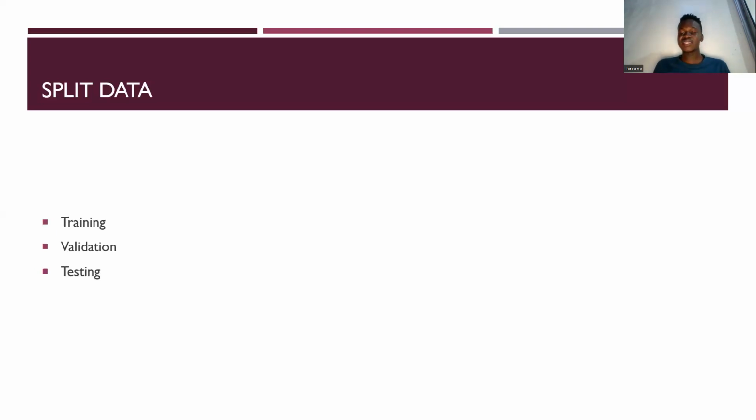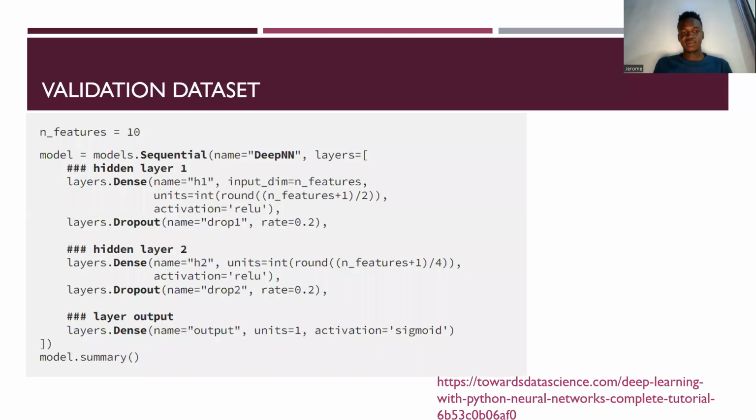The validation data set helps us tune hyperparameters to find out what the best model will be. Then the testing data set is used on the best model so that we can assess the performance of the model that we have chosen.